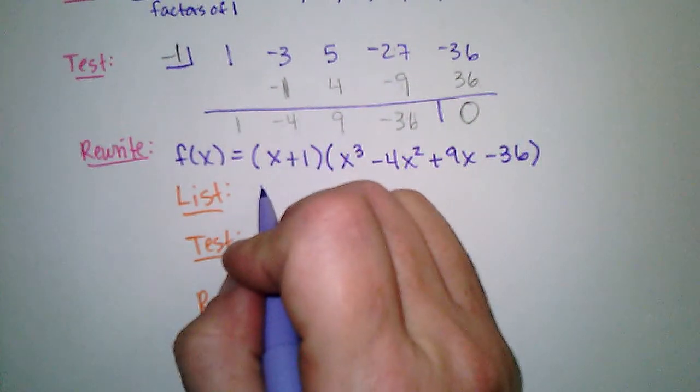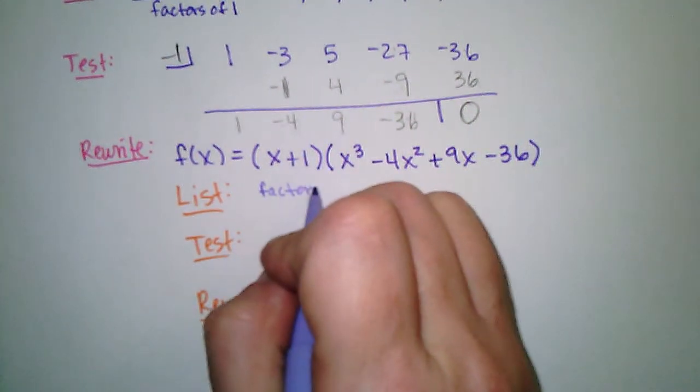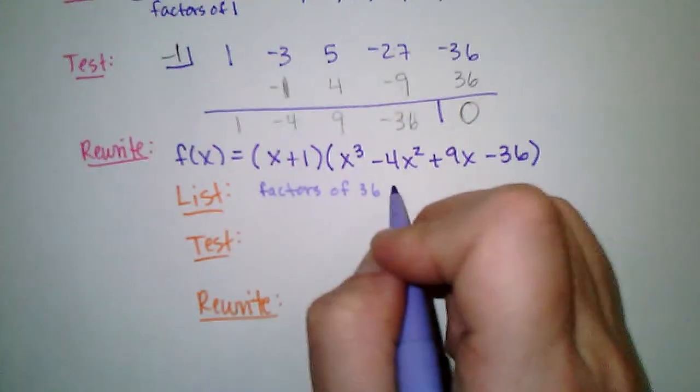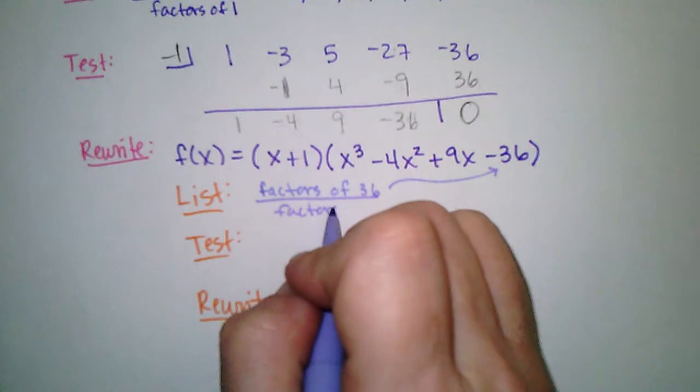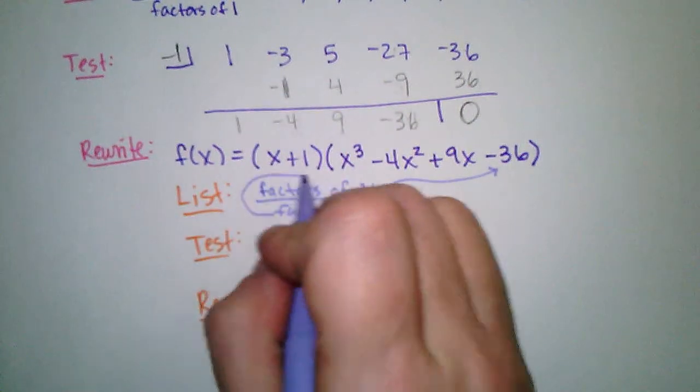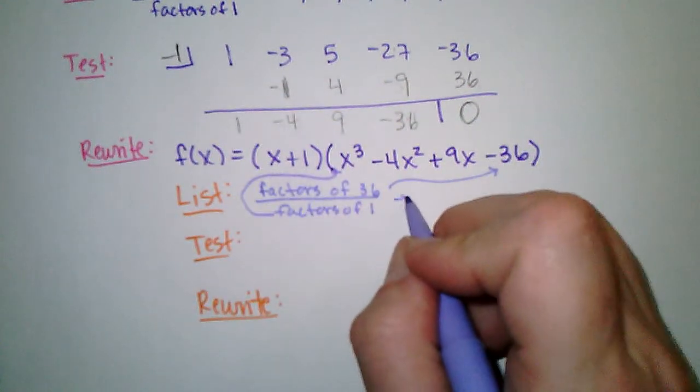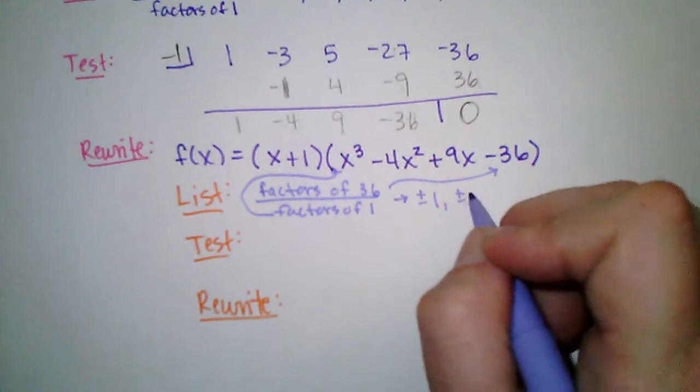So it's still factors of 36 over factors of 1. So my list will still be the same as it was.